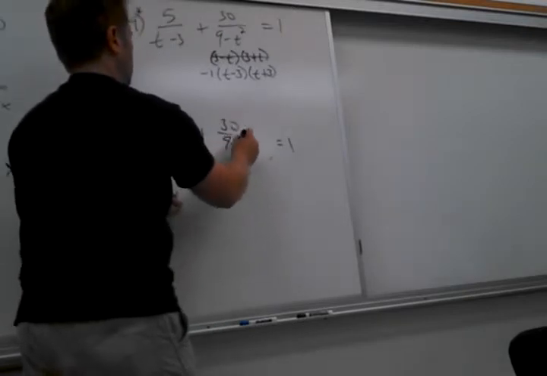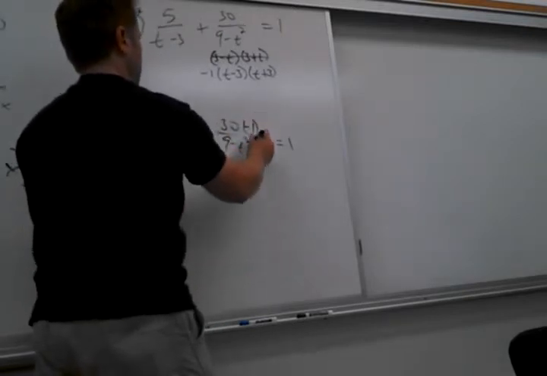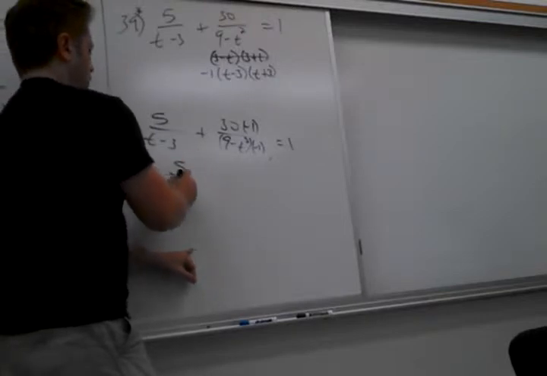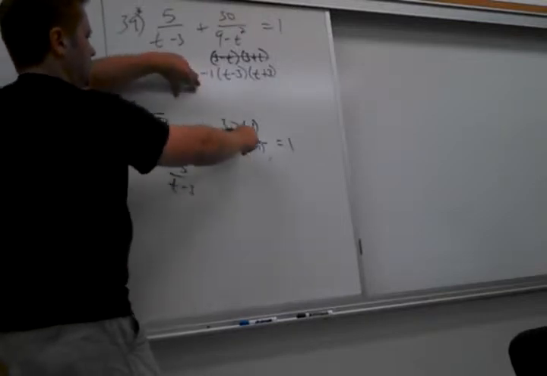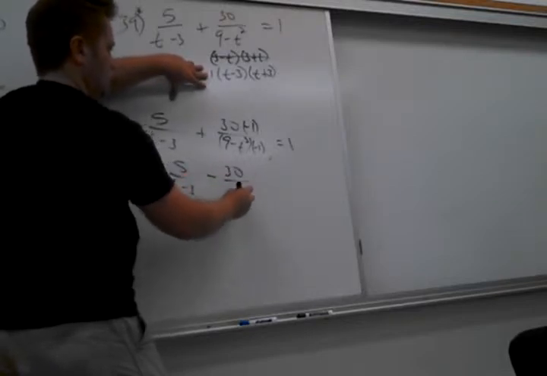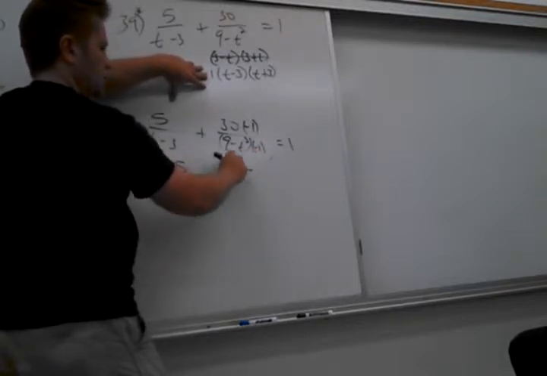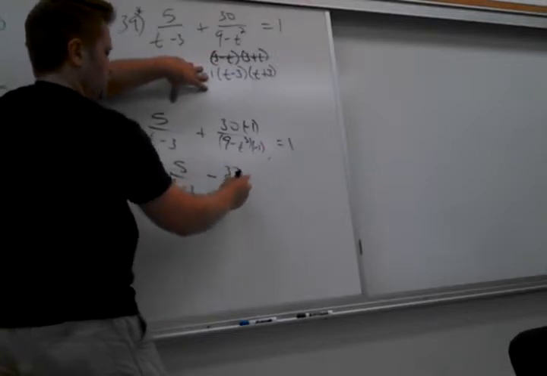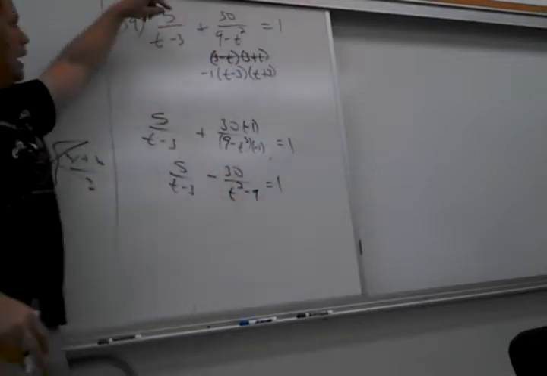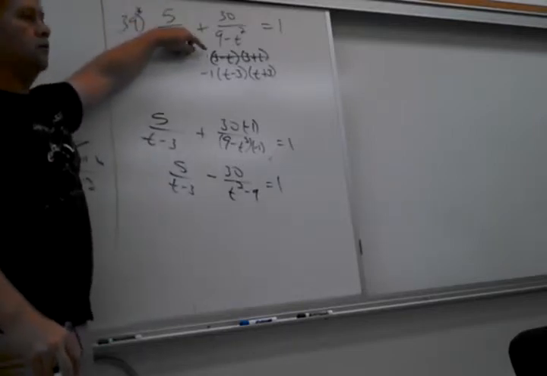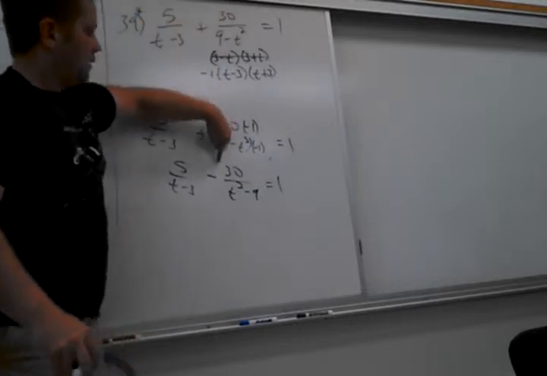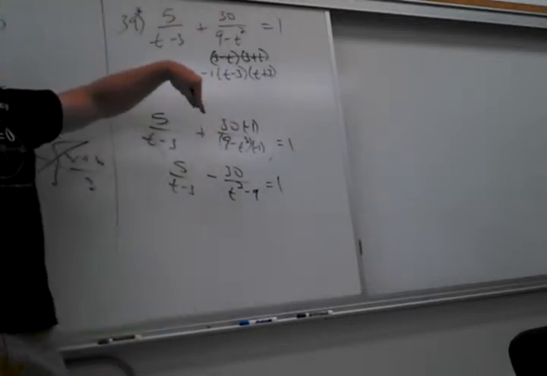So if I multiply top and bottom by -1, it'll be 5 over t minus 3 plus negative, so a better way to write that is minus 30 over t squared minus 9. Do you see how that's exactly what would happen here? What's 30 divided by -1? Minus 30.